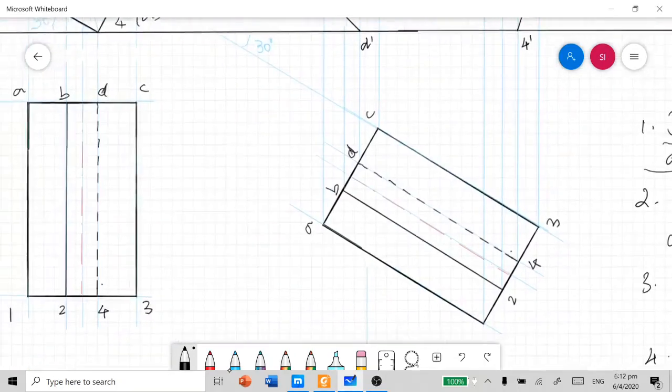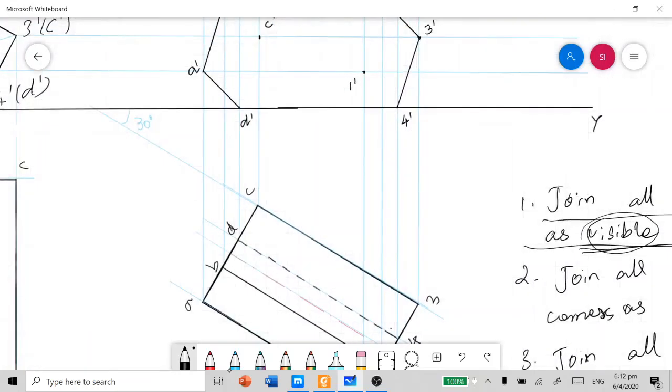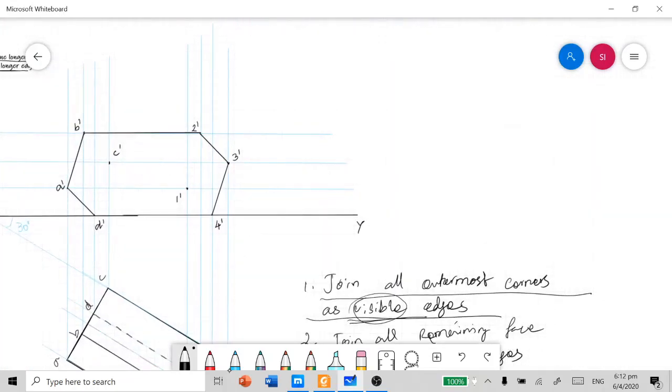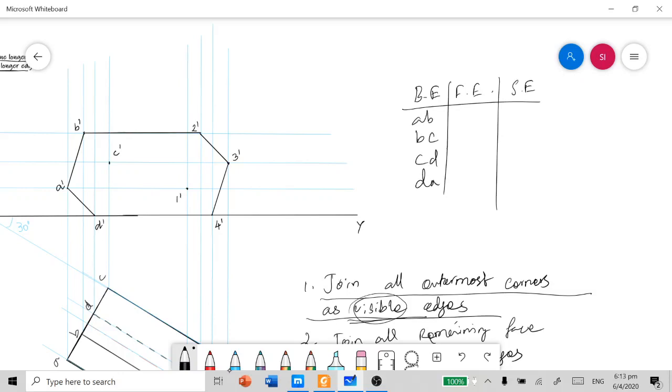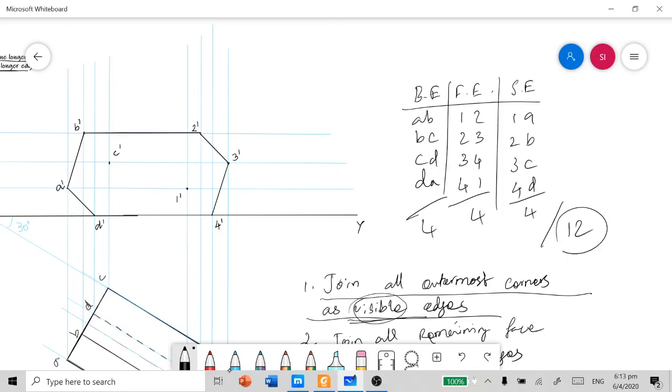So we can count the various edges, whether they are joined or not. The base edges available in this solid, the face edges and side edges or lateral edges. The base edges are AB, BC, CD and DA. Face edges are 1 2, 2 3, 3 4 and 4 1. Side edges are 1A, 2B, 3C and 4D. Totally 12 edges are there in this solid.